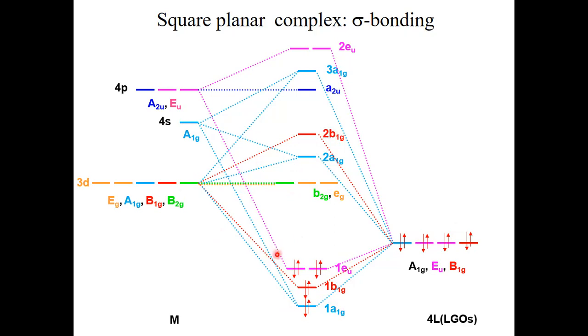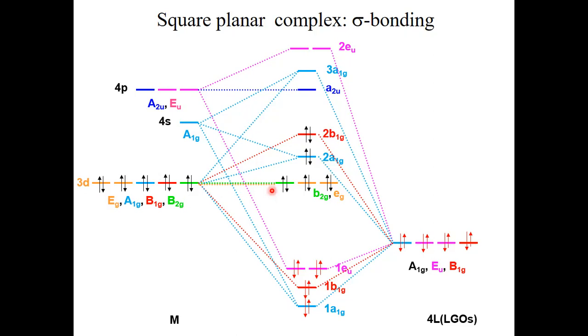So generally, we find that we can again explain the shape of the complex well, because all our 4 sigma bonds would be explained, and also therefore the square planar shape, because all our 8 electrons coming from the ligand are in bonding molecular orbitals.